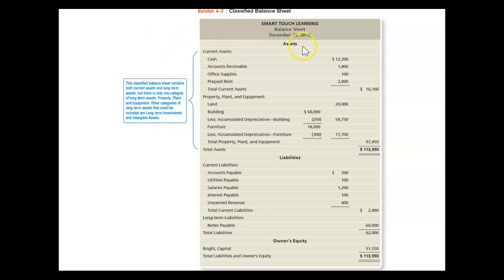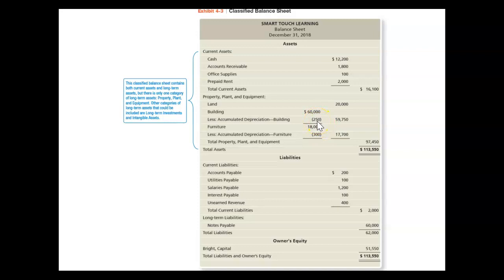So this is what a classified balance sheet looks like. You can see the assets are broken down into current assets and your long term, which is labeled as property, plant, and equipment. So it's not labeled long term, it's property, plant, and equipment. You could see that accumulated depreciation is factored in.